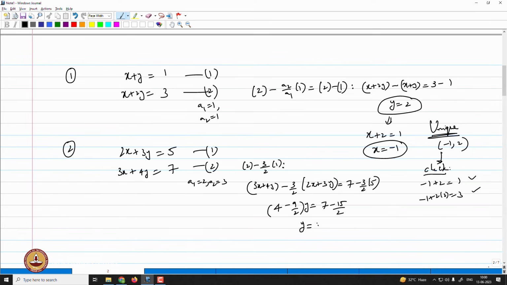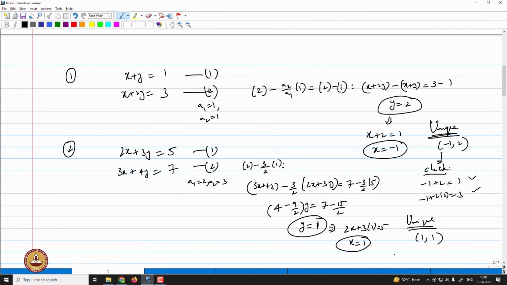Minus 1 by 2 will cancel and we'll get y equals 1. Notice this is going towards the unique solution direction, and this will imply 2x plus 3 into 1 equals 5, and that is x equals 1. So you got a unique solution. I will let you do the checking yourself, 1 comma 1.